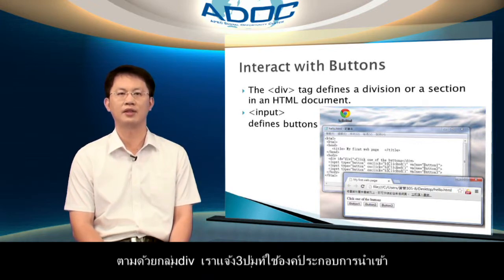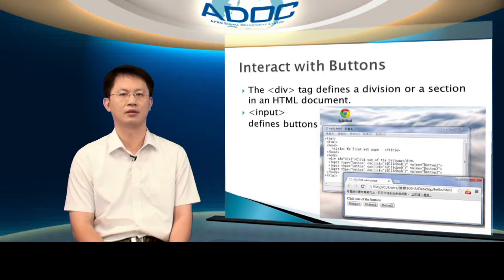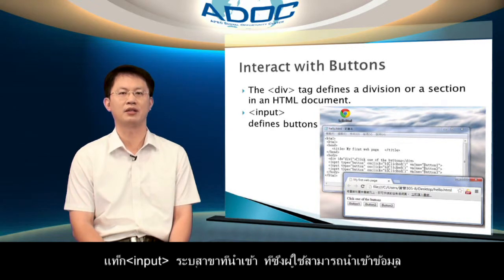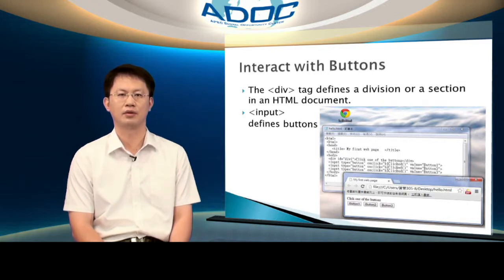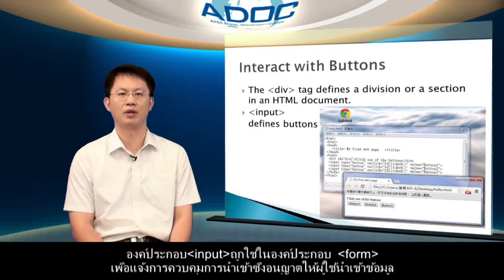Followed by the div sections, we declare 3 buttons using input elements. The input tag specifies an input field where the user can enter data. Input elements are used within the form elements to declare input controls that allow users to input data.